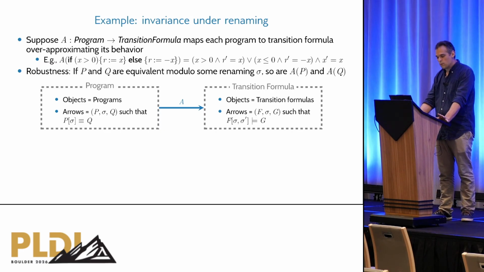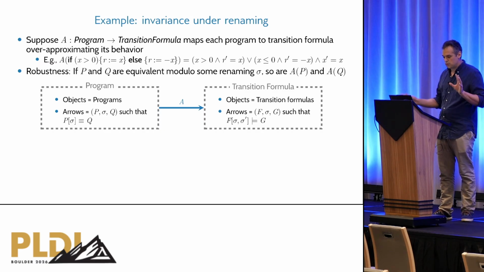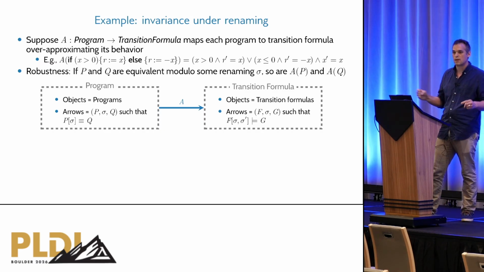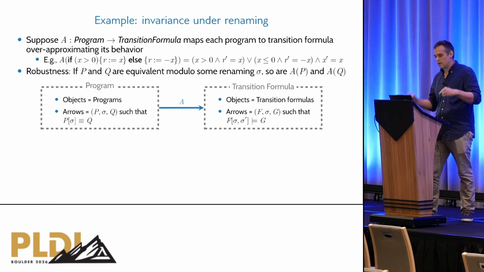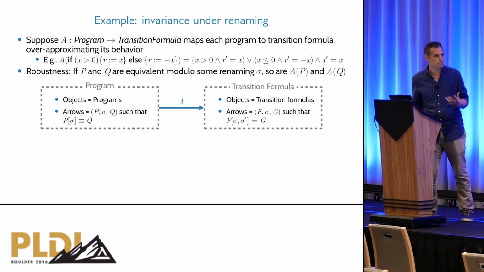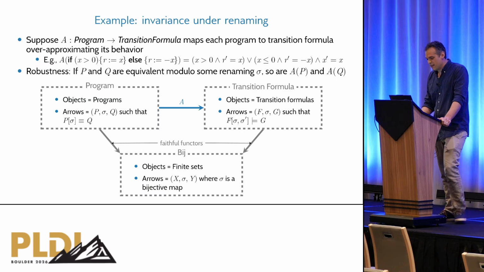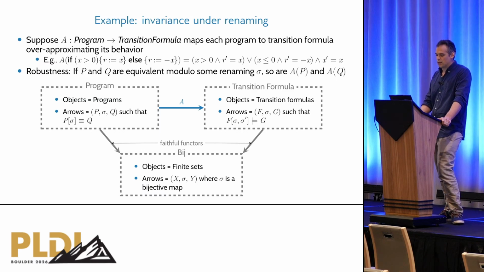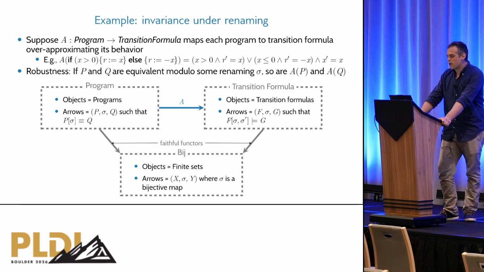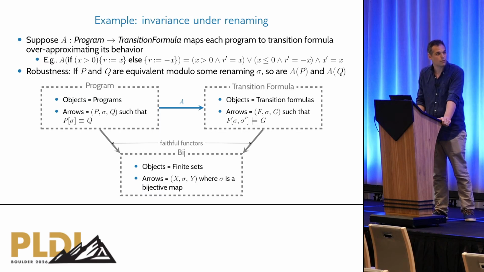But this isn't quite what we want. Not only do we have this correspondence between arrows, in some sense they're the same arrow, right? They should correspond to exactly the same substitution. So to encode this, we're going to add another category, a category of finite sets and bijections. And we're going to equip programs and transition formulas with faithful functors into this category.